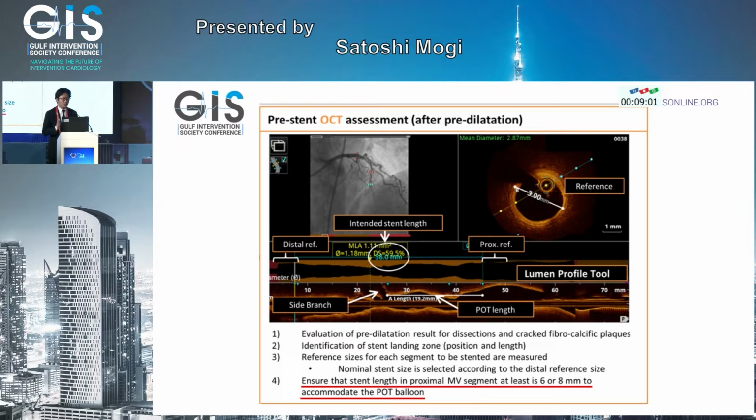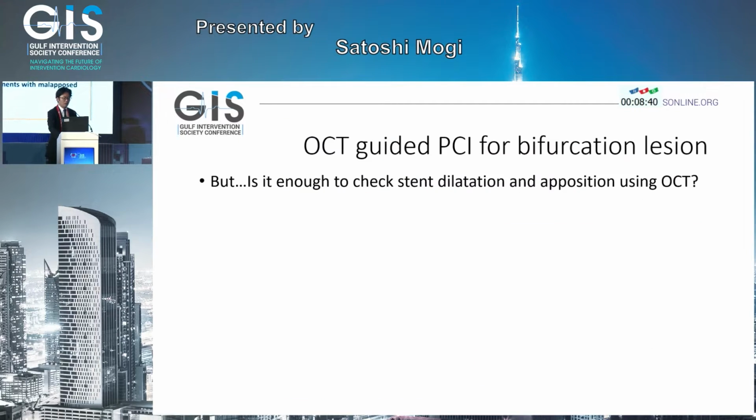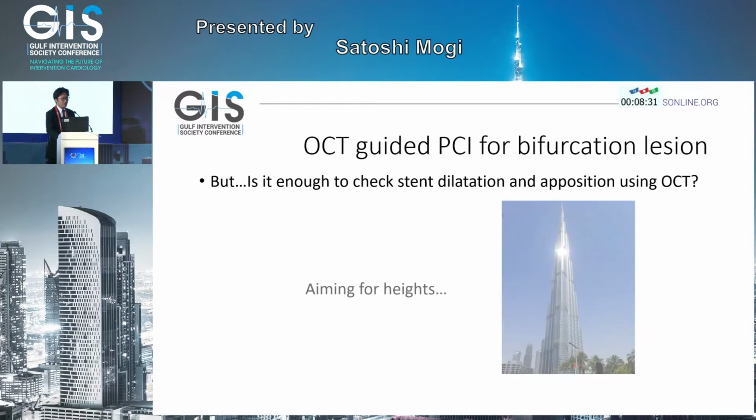And we have to ensure that the stent length in the proximal main branch segment is at least 6 to 8 millimeters to accommodate the POT balloon. After stenting, we have to check lesion coverage, stent expansion, and stent apposition. But is it enough to check stent dilatation and apposition using OCT? I think it is not enough.